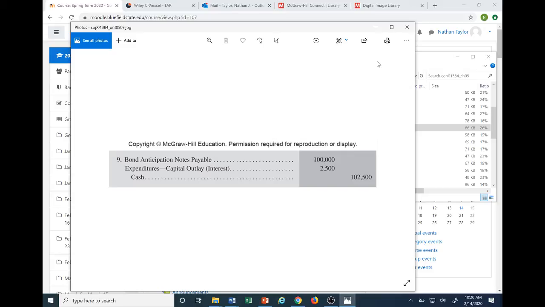Okay, so it says if bonds were sold at a discount, either the difference would be made up by a transfer from another fund or the capital projects would have fewer resources available for the project. Okay, so generally bond issue costs would be involved and would be recorded as an expenditure. So I'm just looking at the opposite perspective of what we just saw. Last we saw a premium, that's how we deal with it, right?